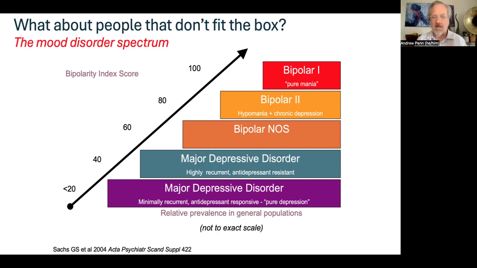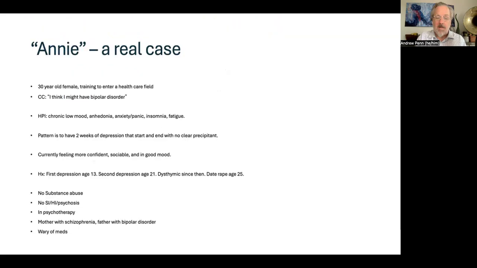This goes back to Bayesian probability, that we're always adjusting our predictions based on what we know about the patient. As that information gathers over time, we can make small adjustments to our prediction. So at the top, bipolar 1, then less obvious bipolar conditions, and then depression at the bottom of the scale.